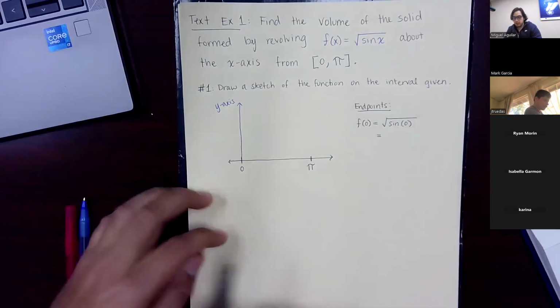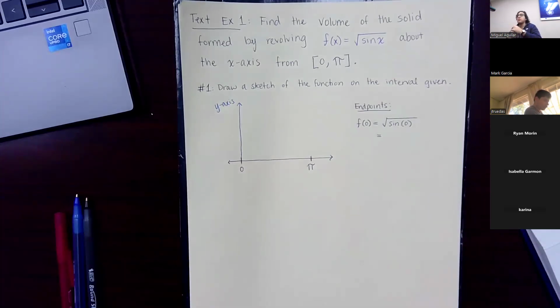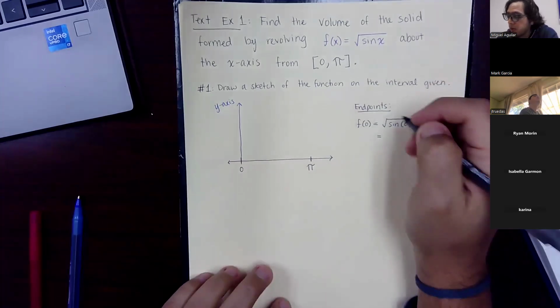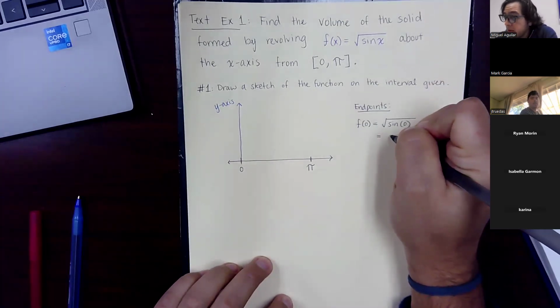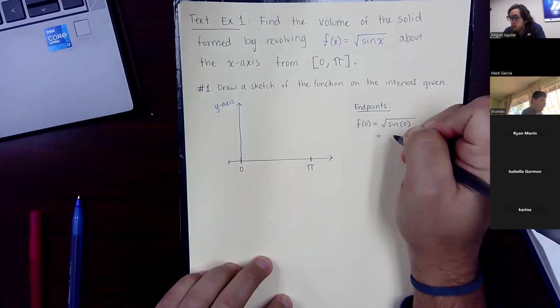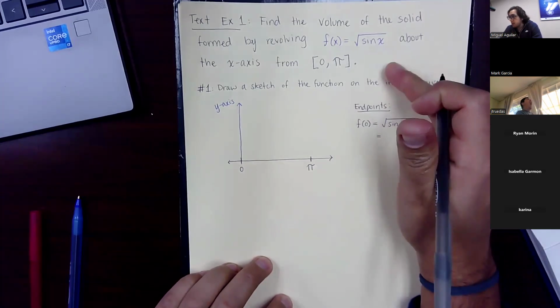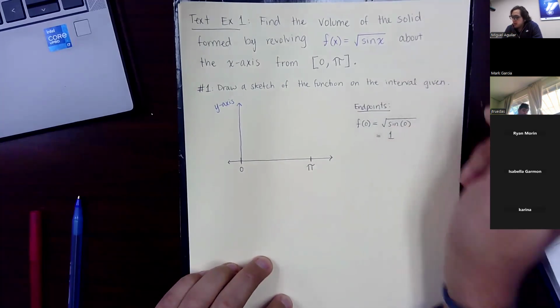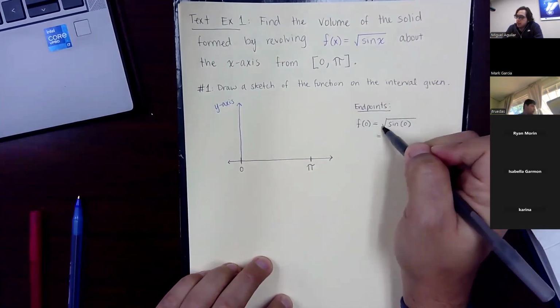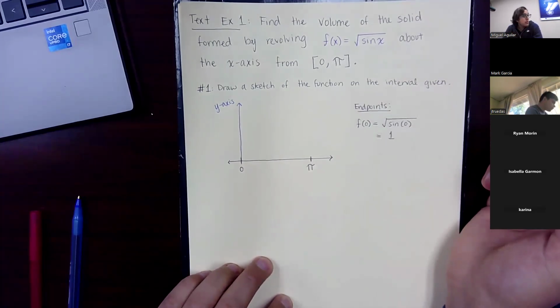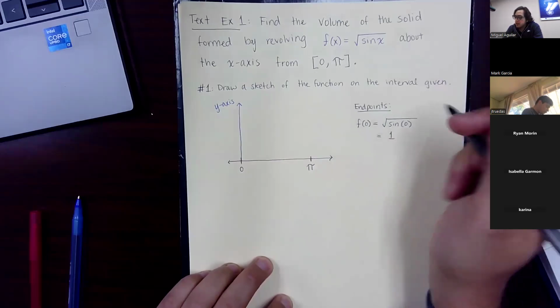Can anybody tell me off the top of your head, do you know what sine of 0 is? Yeah, I'm pretty terrible at remembering these things as well, but I think it should be 1, right? Because 1 would be the y value. At 0, the y value is 1. You could take the square root of that, but it's just going to be 1 anyway.